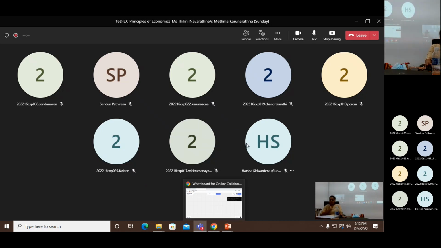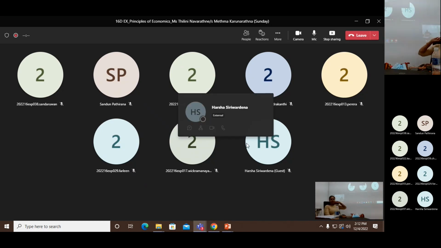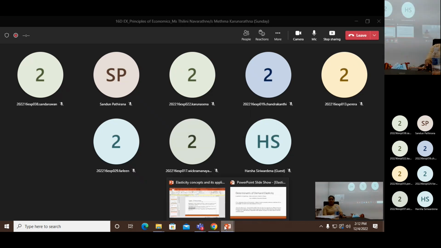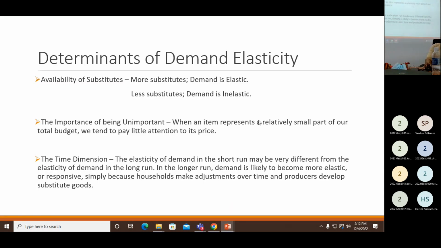So for such products, because you are spending a very small part of your total budget, you really don't pay attention to price changes. It's negligible. And as a result, your demand will be elastic or inelastic?